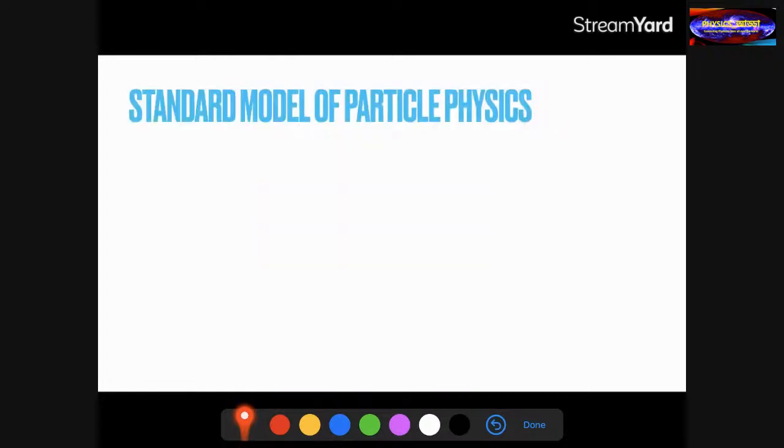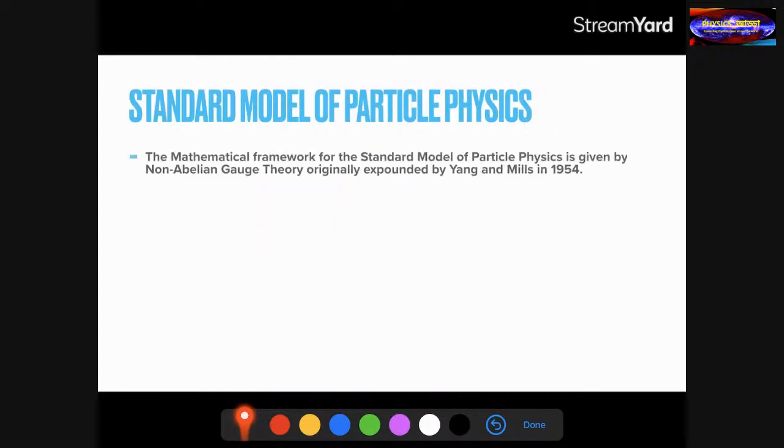So the standard model of particle physics relies on a mathematical framework in quantum field theory, which is called non-abelian gauge theory. This was originally expounded by two people, Yang and Mills, in 1954, and it is also known as Yang-Mills theory because of that. It is something similar to electromagnetic theory. Electromagnetic theory, for those of you who have done it, is also a gauge theory.